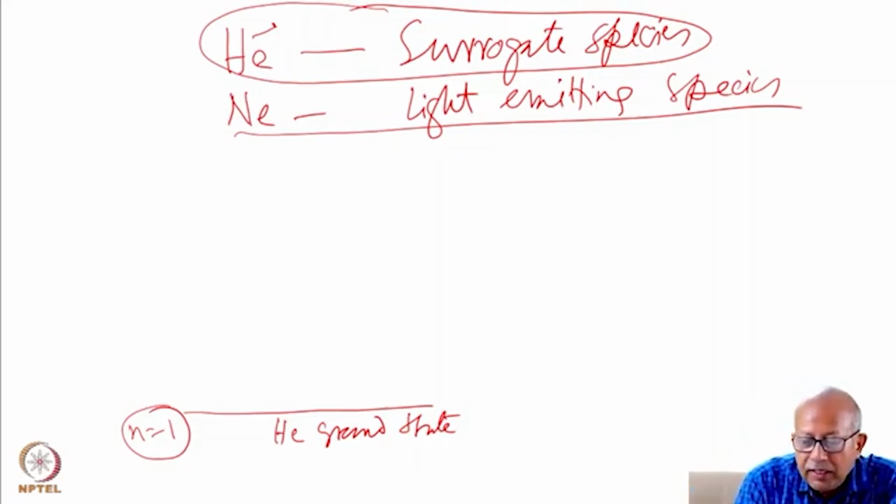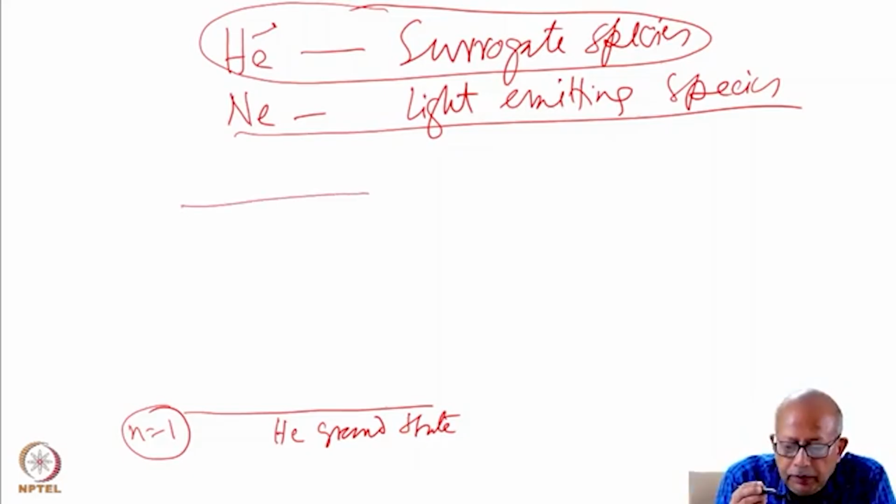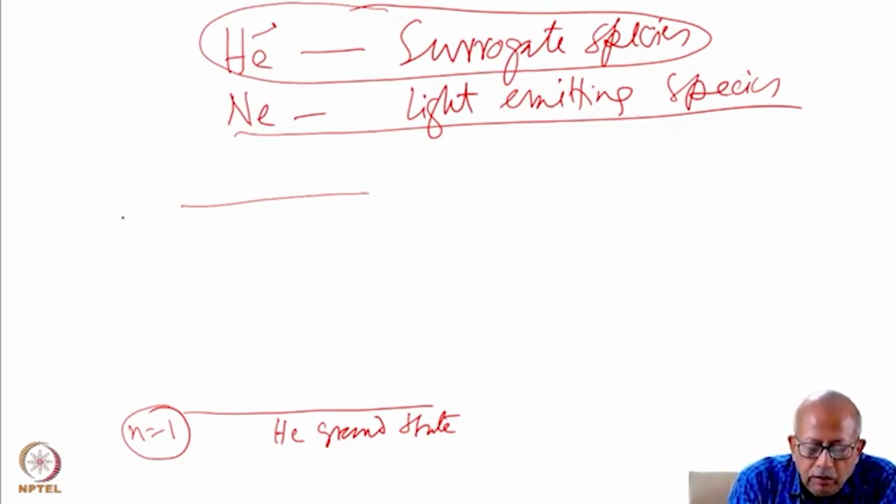And the first excited state of helium, which is n equal to 2, as we have seen yesterday, splits into two sublevels, and they are denoted as 2¹S₀ and 2³S₁.